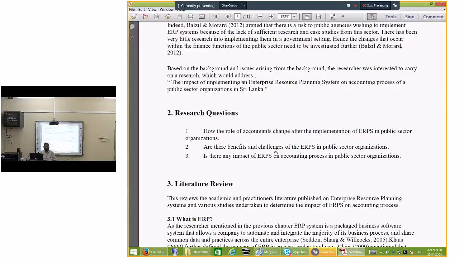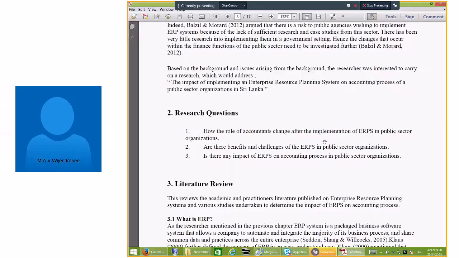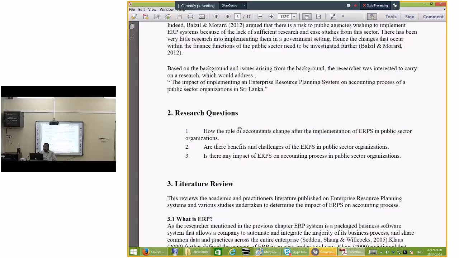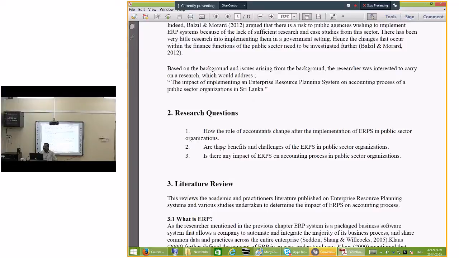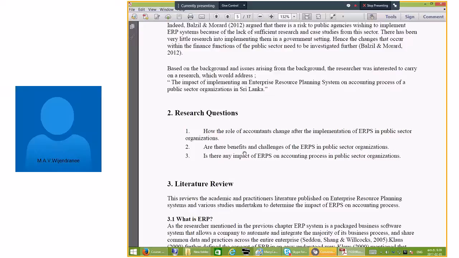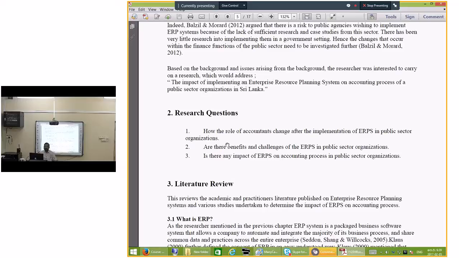Everyone knows the benefit. Therefore, one is that after the implementation, the role of accountants changes, and whether the objectives of the ERP system have been achieved. That is one objective and research question: whether it is achieved or not.